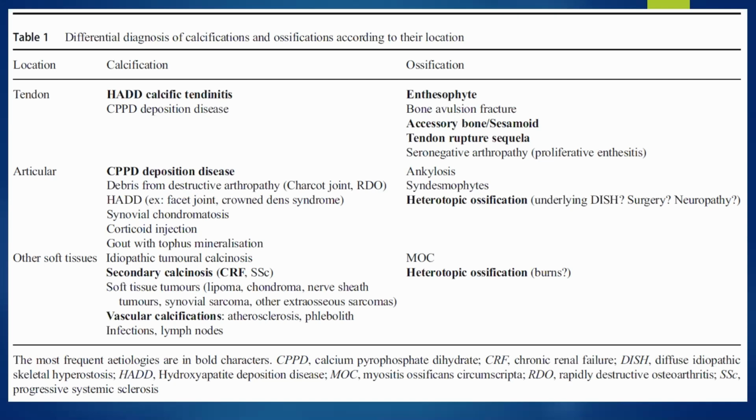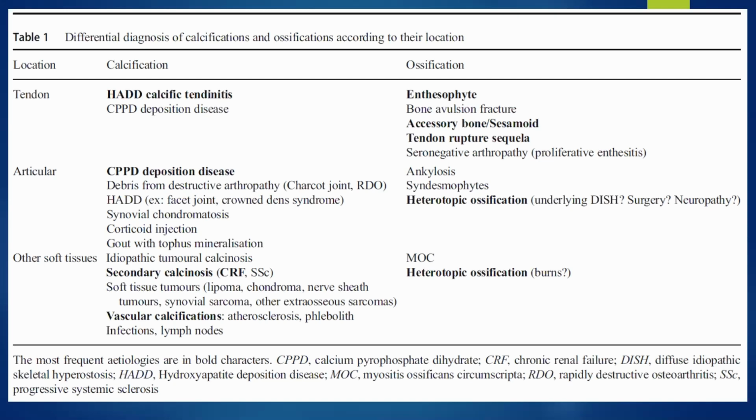So you can have debris also from destructive arthropathy, as seen in Charcot joints, or you can also have hydroxyapatite deposition disease, but it's much rarer. Synovial chondromatosis, cortisone injection may cause calcification. Gout with tophus formation may cause calcification.